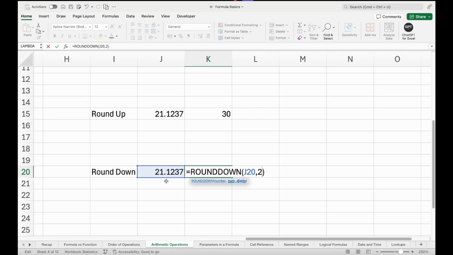There is no change that will happen because we are simply considering the exact digits that we have. And then if I do -1, I get 20. So the nearest integer in tens which is lower than 21 is 20. And that's round up and round down for you.